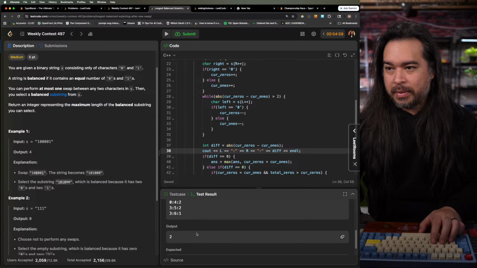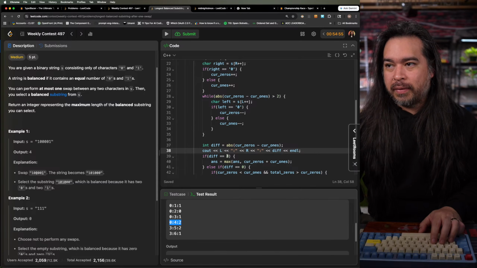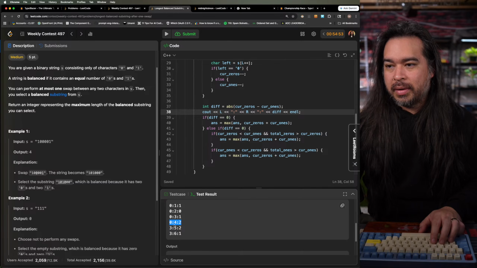So look at that, diff of 2, 0 through 4. But something ain't right.